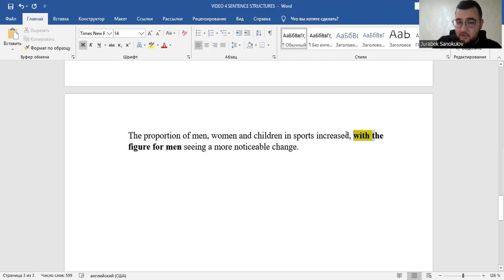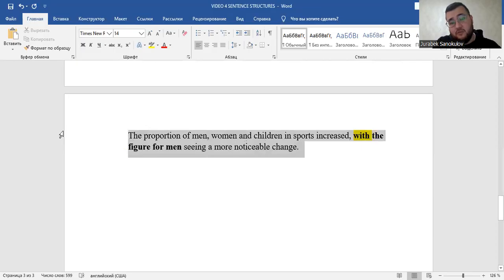Here, I didn't use the word former because there are three things. You normally use the word former or the latter when you talk about two things. But here, we talk about three things. So that's why I use the figure for men. I repeated the same thing. So that's how you will use this.